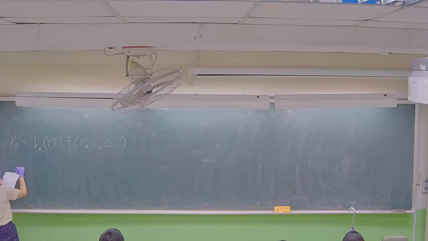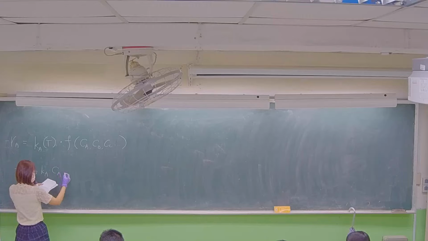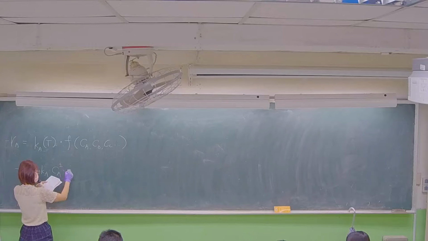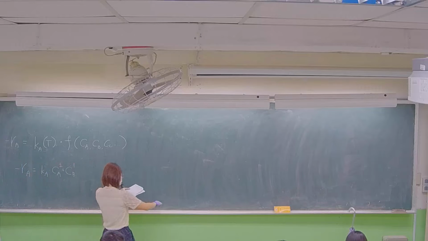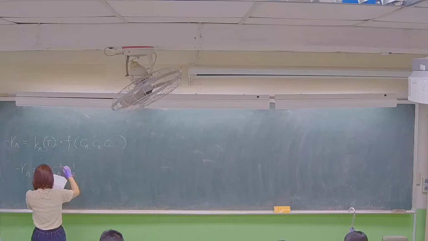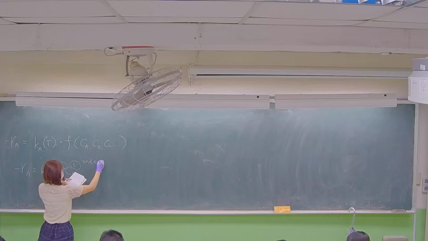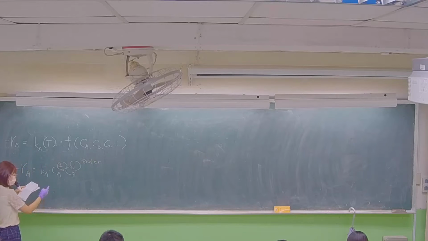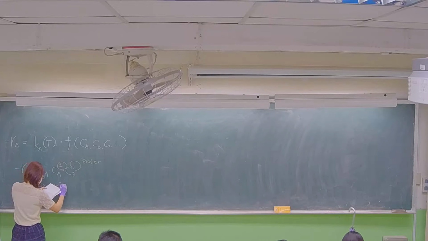So that means if you have minus RA is equal to Ka Ca squared Cb, first order. How to determine this order? This is called the order. How to determine the order by experimental observation.